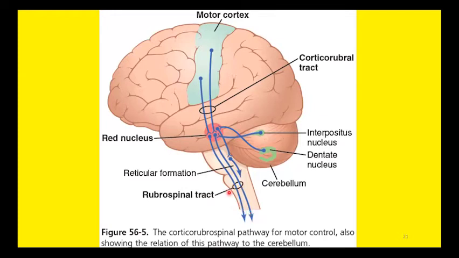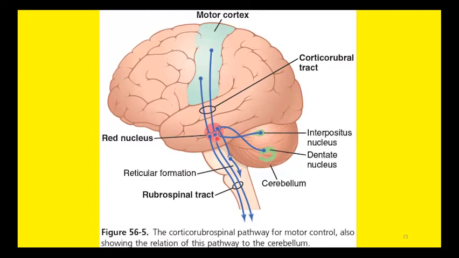The collective terminology for corticorubral and rubrospinal is the corticorubrospinal pathway. And both are related to the red nucleus. This is the junction, the meeting point or the common point between the two pathways, corticorubral and rubrospinal: the red nucleus.